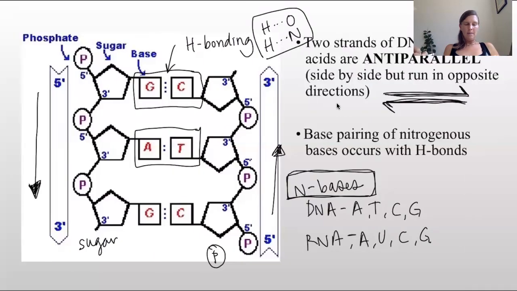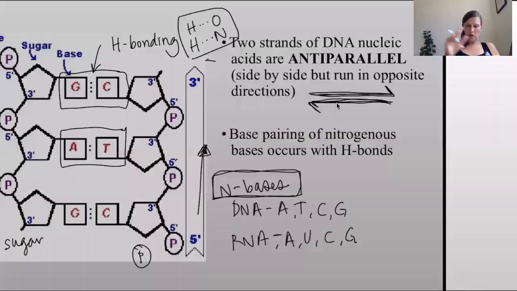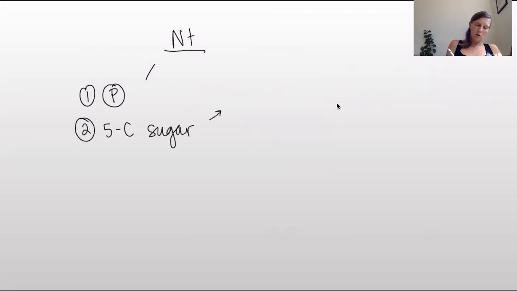All right, so RNA is like DNA, but it's single-stranded, so it doesn't have that hydrogen bonding. Let me go here. So the main points about nucleic acids: they're made of nucleotides, and the nucleotides have, one, a phosphate group, two, a 5-carbon sugar, and those 5-carbon sugars can either be deoxyribose or ribose.